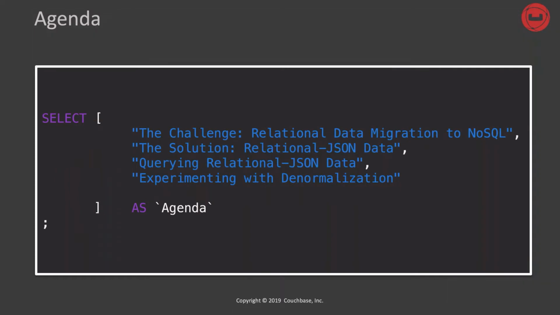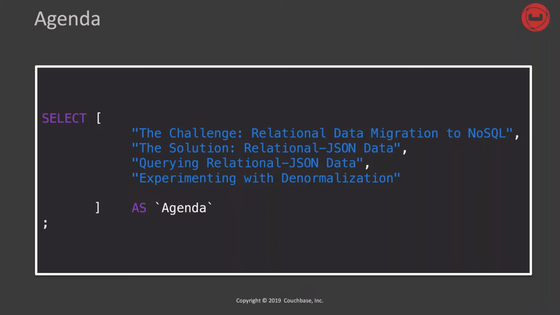The agenda today was inspired by a question that was asked in our last session. When we're migrating relational data to NoSQL, there's some challenges there, and we're going to talk about that here in the first section. We're going to talk about the solution, representing your relational data as JSON in Couchbase and how to query that.